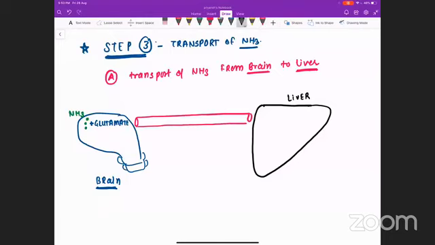This glutamine molecule is a non-toxic molecule. It can travel via blood and it will reach the liver. When the glutamine reaches the liver, it will donate the ammonia back to the liver.